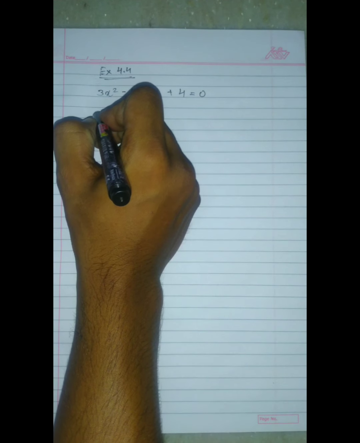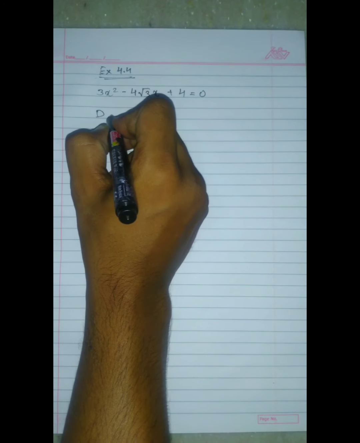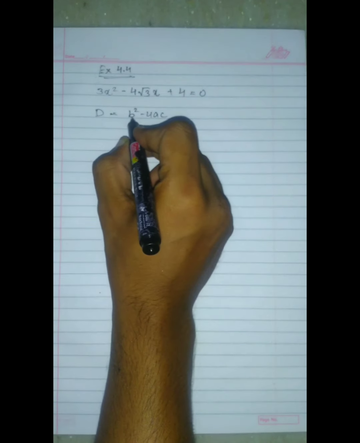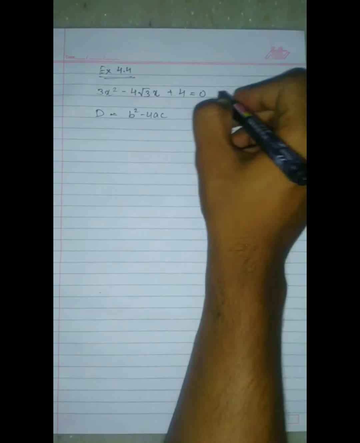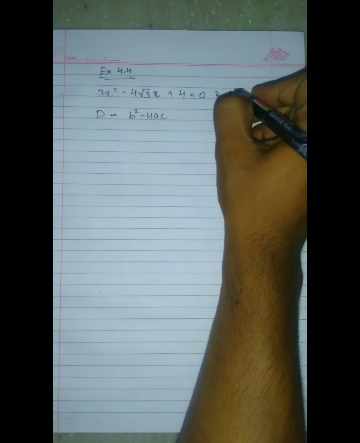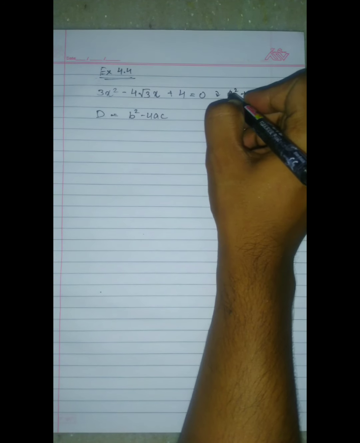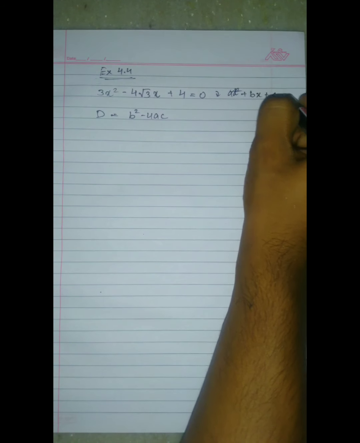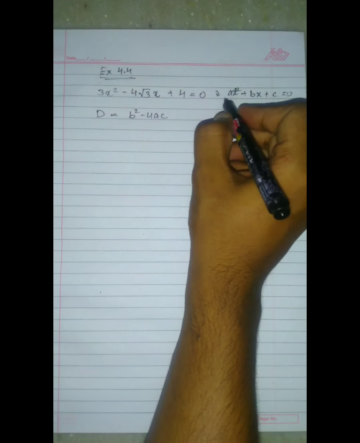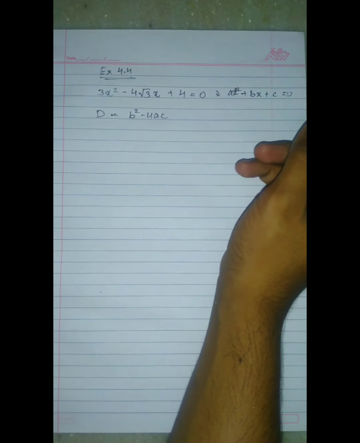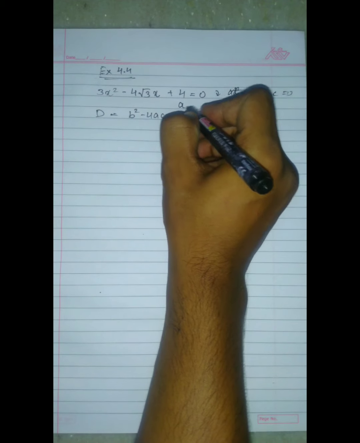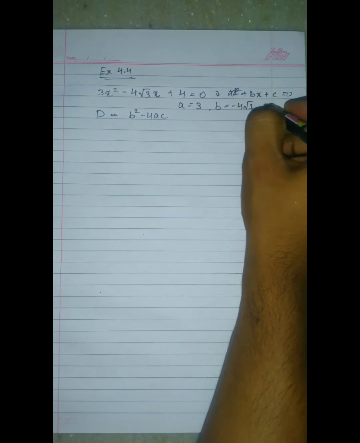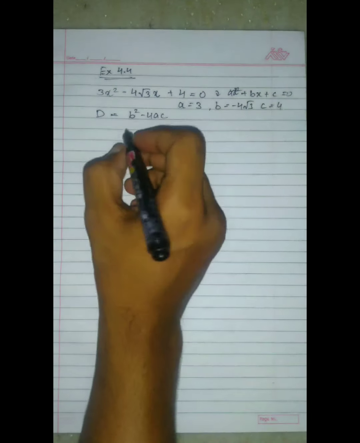We'll find the discriminant. I'll denote it with D, which is equal to b square minus 4ac. To find it, I'll first compare this equation with ax square plus bx plus c is equal to 0. From comparing, I get a is equal to 3, b is equal to minus 4 under root 3, and c is equal to 4.